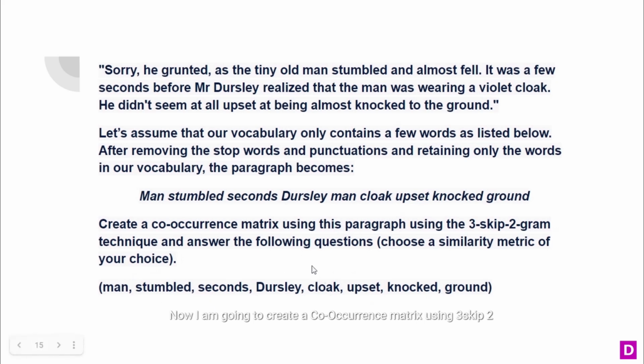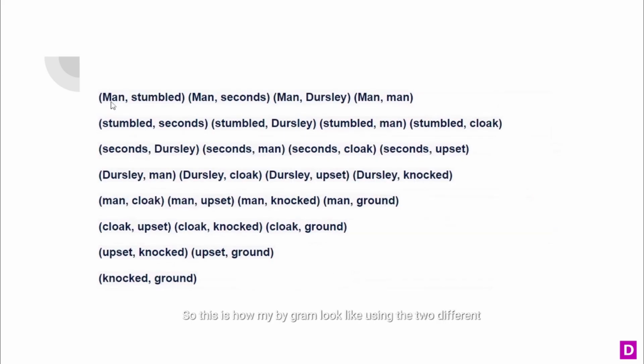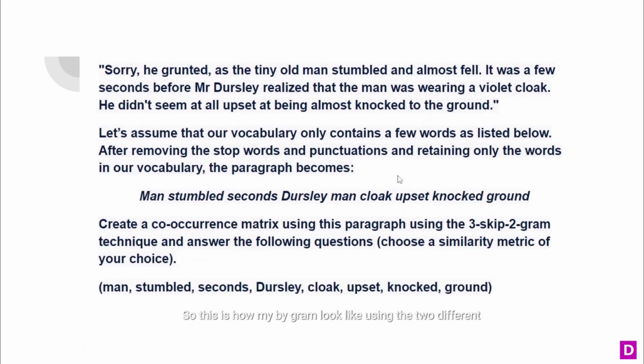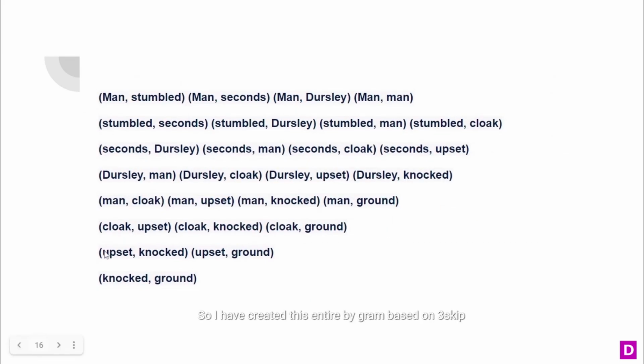Before creating this, we have to generate pairs based on the sliding window, creating bigrams. This is how my bigrams look using the two sentences which I have concatenated here. I have created this entire bigram set based on the 3 skip 2 gram method.